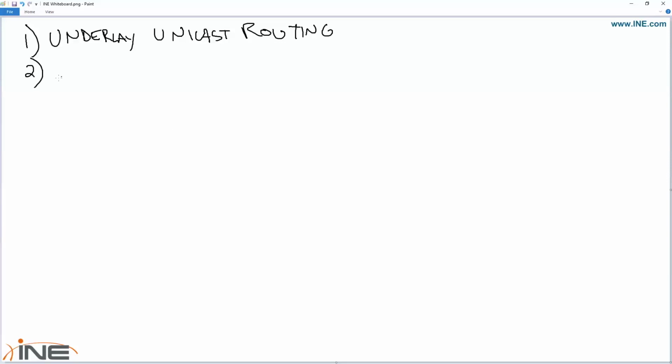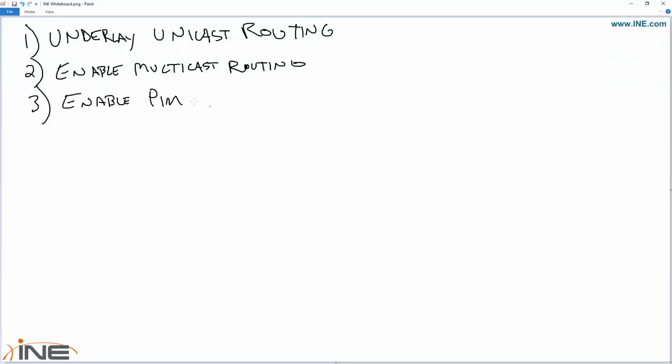Okay, next step is that we're going to enable multicast routing with the IP multicast routing command. Next step is we're going to enable PIM at the link level.